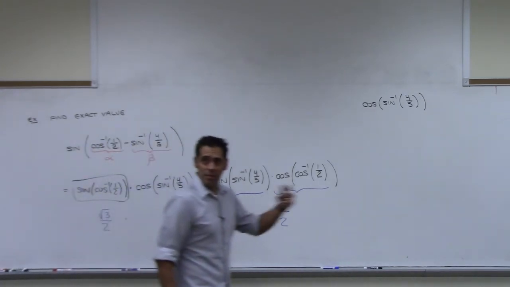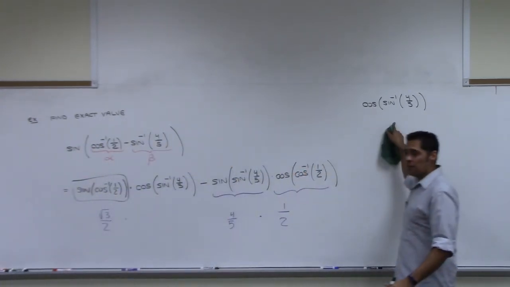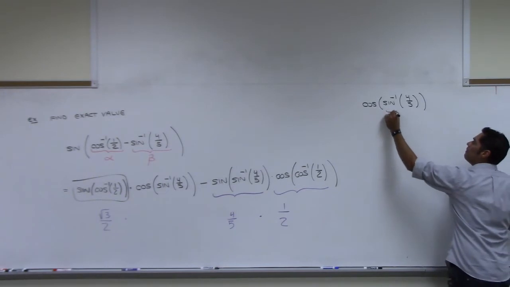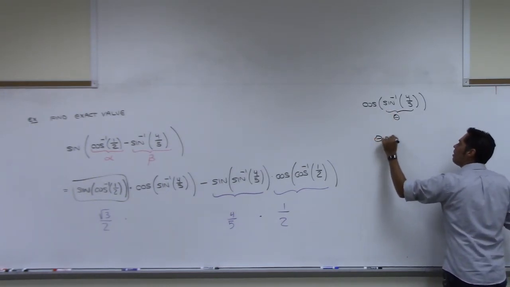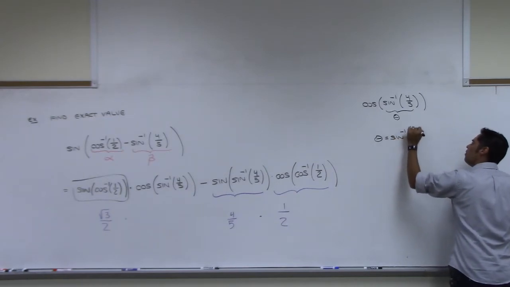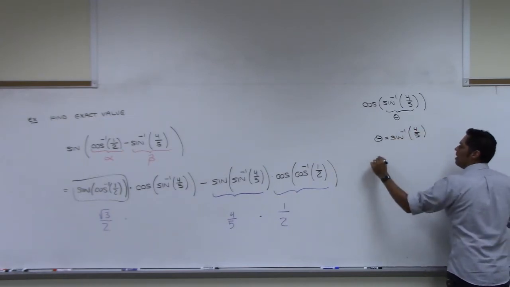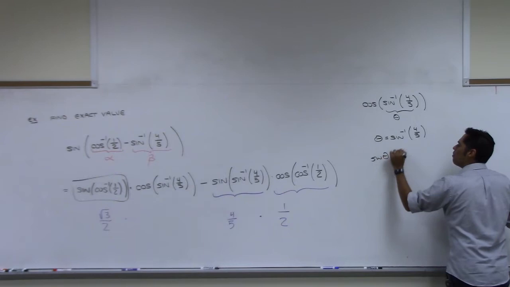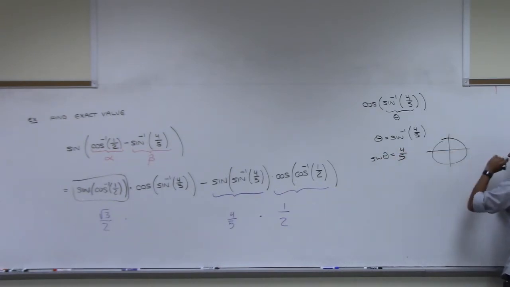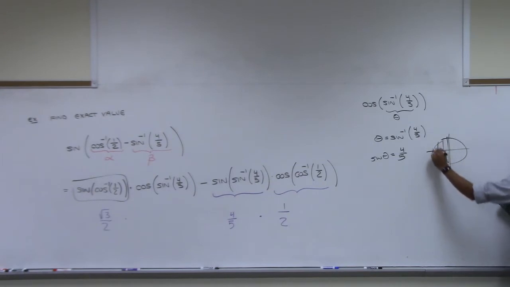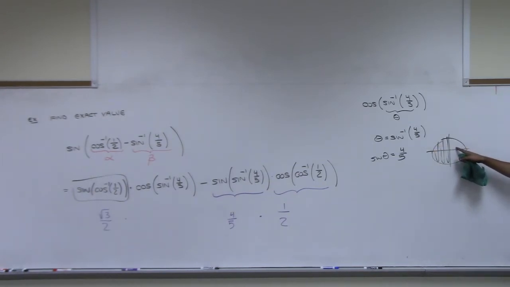Yeah, you can go back to the unit circle, or in this case, we're going to have to do the reference triangle. So here, call that alpha, call that theta. Theta is arcsine of 4/5. So that means sine theta is 4/5, so long as we are where? The right side, so we're going to be in the first quadrant. That's the only time your sine, your y-coordinate, can be positive.